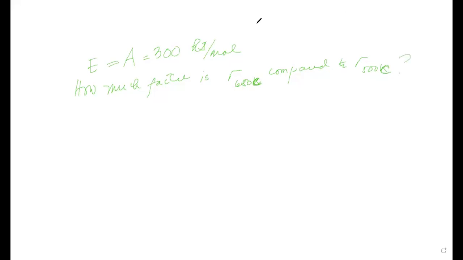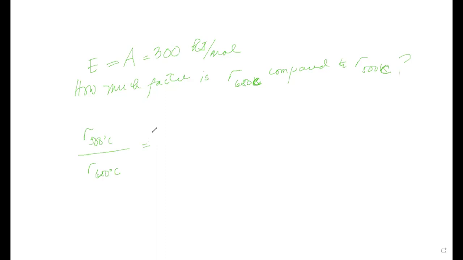Yes, Earl, can you dictate to me what we should do in this case? The question is how much faster, so it's a ratio. If it's a ratio, can you tell me how we come about finding that ratio? R at 500 degrees Celsius compared to R at 650 degrees Celsius.